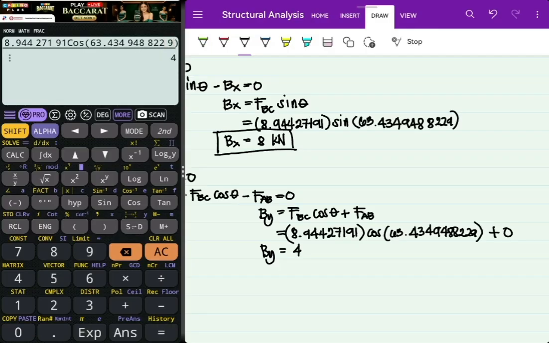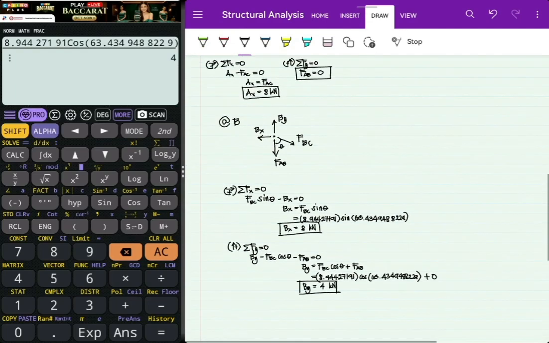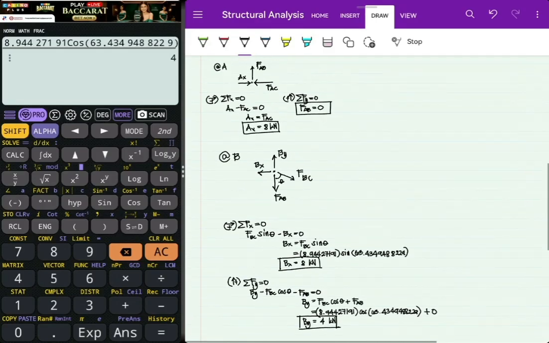BY is 4 kilonewtons. Now, our three answers, the reactions Bx, By, and the 8 kilonewton Ax can be checked using moments.